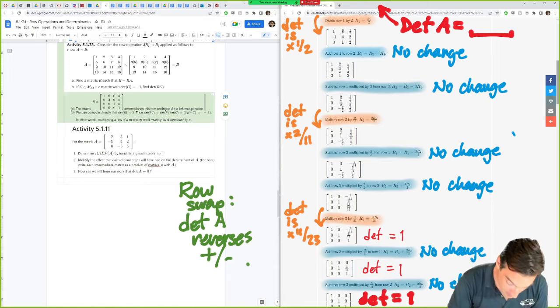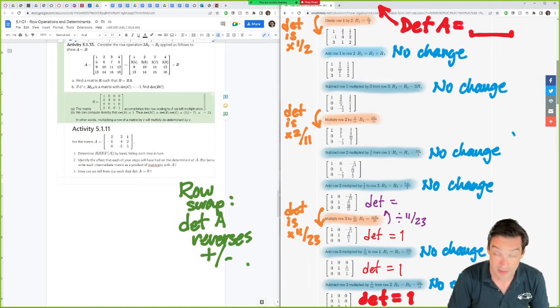So how do I go backwards? Divide. Instead of multiplying by 11/23, I want to divide by 11/23. And so the determinant of this matrix must have been 1 divided by 11/23, otherwise known as 23/11.